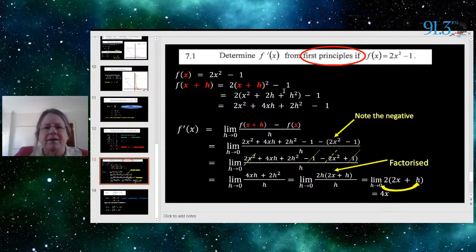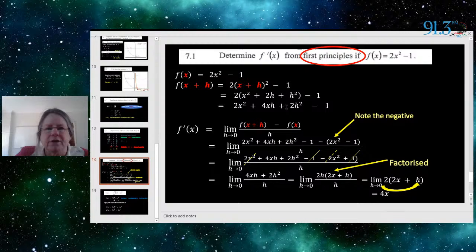Because I'm running out of time, I'm just going to leave it that you guys need to multiply this out. See again, here's the second time that they want you to be able to multiply a bracket squared. So the answer in separate terms will be 2x squared plus 4xh plus 2h squared minus 1.